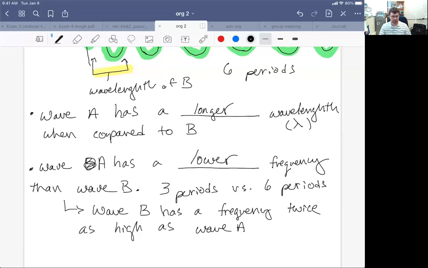One thing I was trying to be careful to do was to get the frequency of B to be double that of A, which we've achieved.